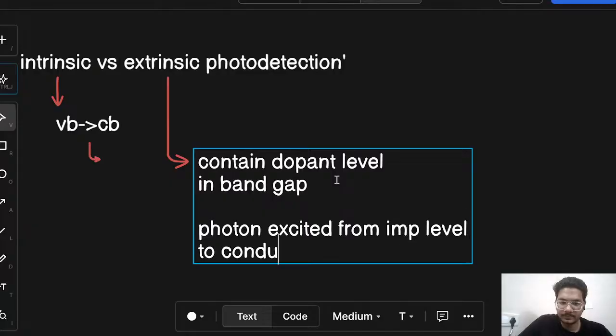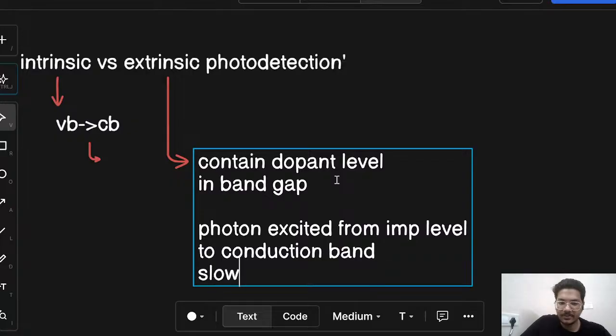This is usually slower and not preferred for high speed. Therefore intrinsic absorption is used for all modern photodiodes for optical fiber communication.